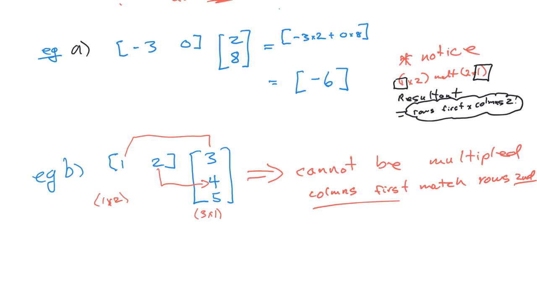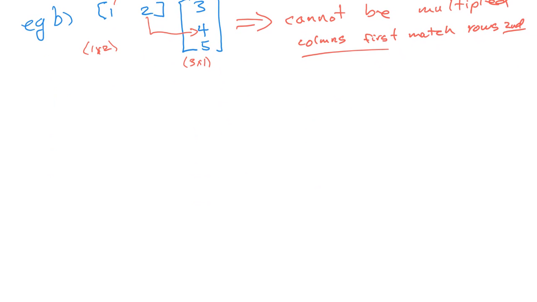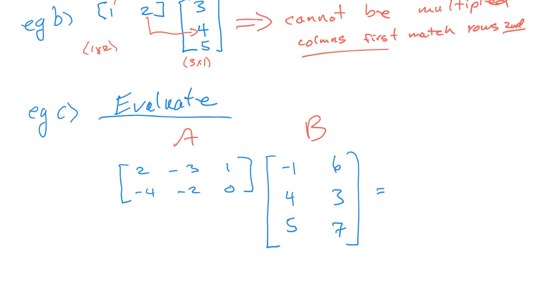So now let's stop messing with you. Let's see what would happen if we had something that was able to multiply. Imagine I give you a problem that says evaluate, with these two matrices. I have matrix A, which is a 2 by 3, and B, which is a 3 by 2.